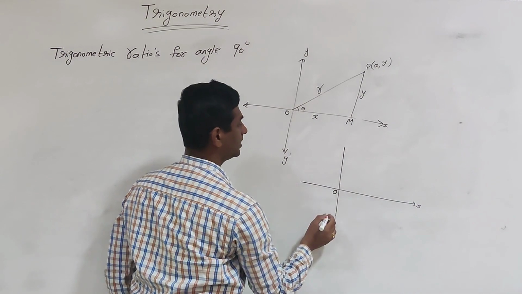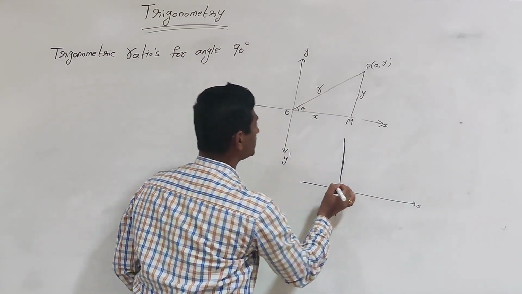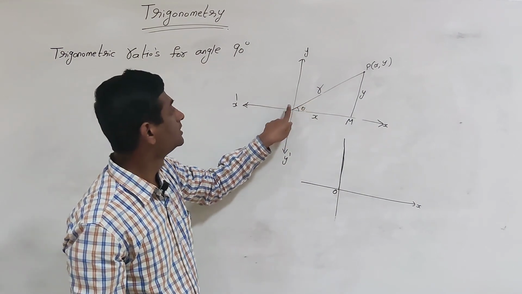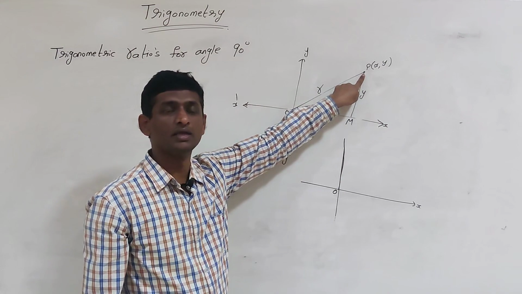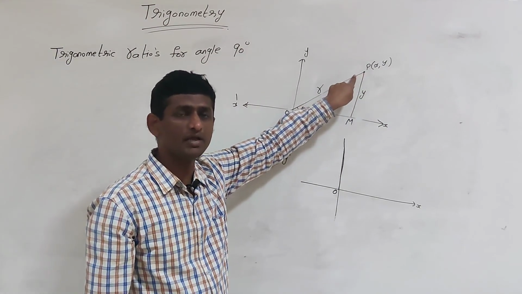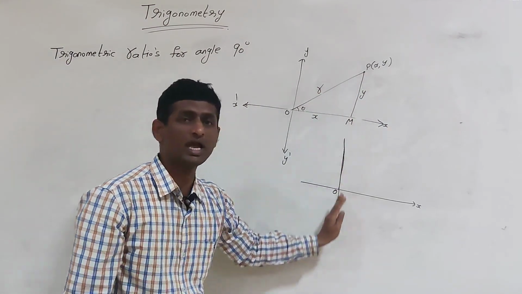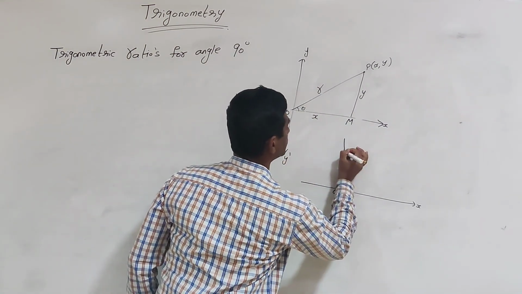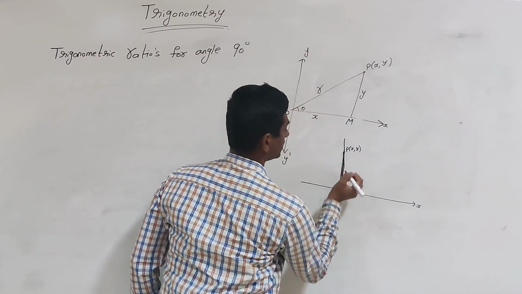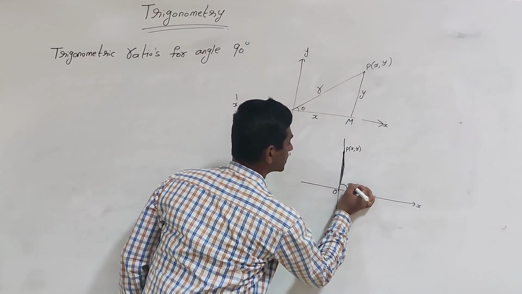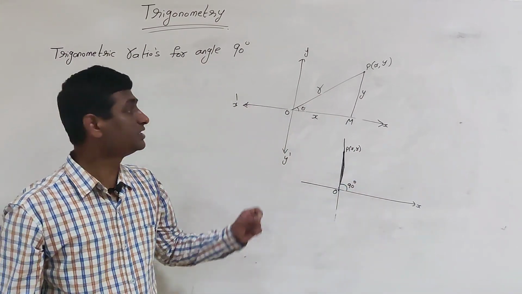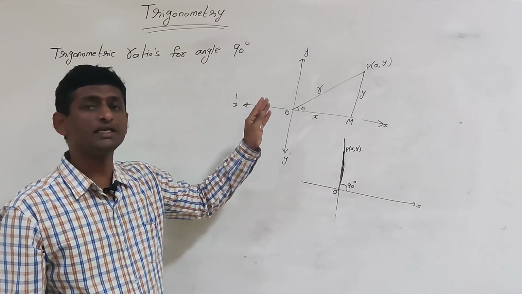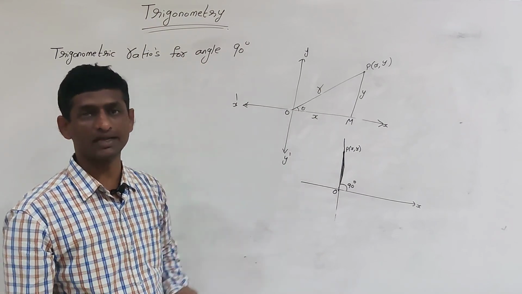OX is our initial ray, and OP is the terminal ray which should be on the y-axis. P is x comma y. Means the angle made is 90 degrees. Means the terminal ray is itself a perpendicular line.